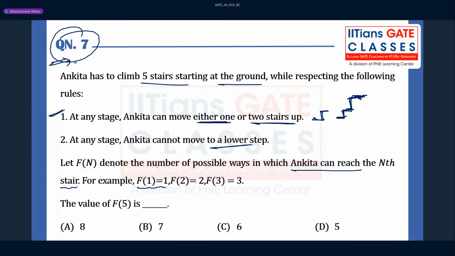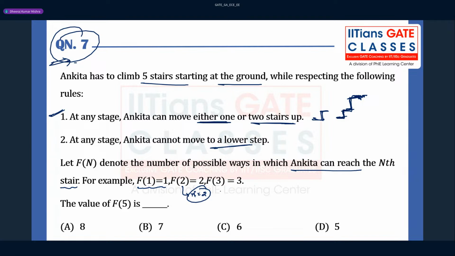N equal to 2 means there are two ways: either she goes with one step moves, or one two-step move. This is very important to keep in mind.